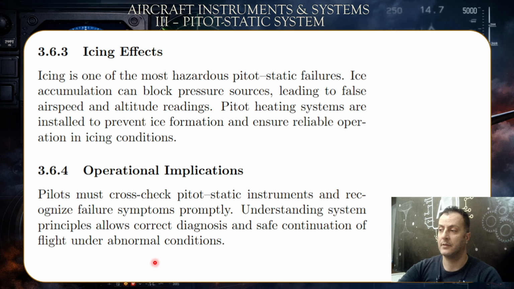Since you have redundancy, you can look at the indicators that seem to be working normally, and these would be the backup instruments that you rely on to continue the flight instead of referring to the main system that has a defect.